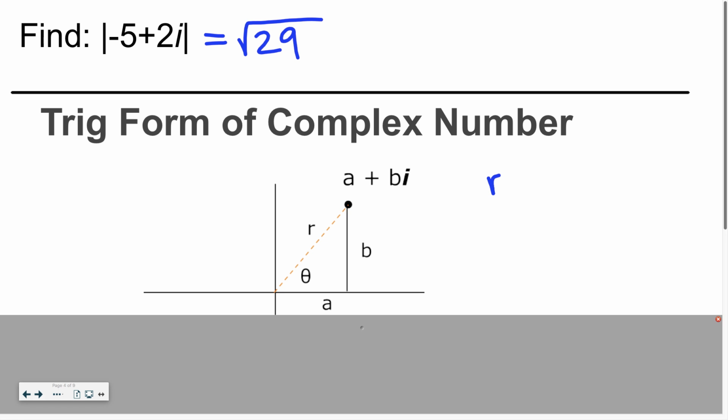So we know that r is the square root of a squared plus b squared. r is just representing the absolute value of the complex number.